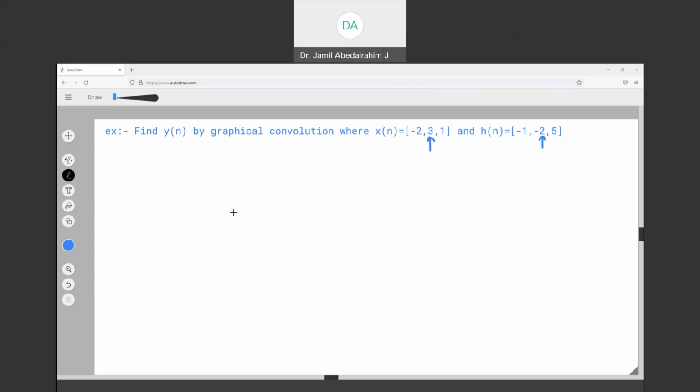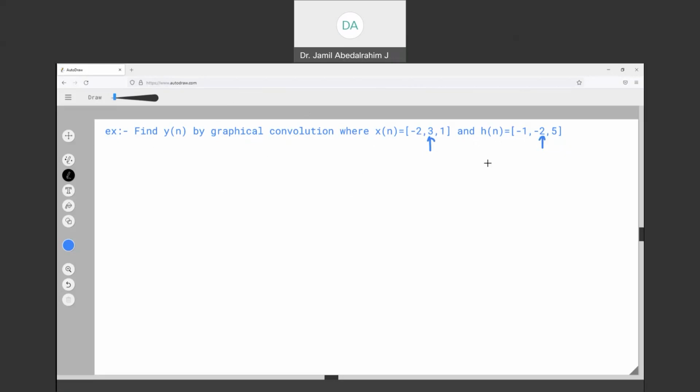Okay, look at this question. Find y of n by graphical convolution where x of n equals -2, 3, 1, and h of n equals -1, -2, and 5.